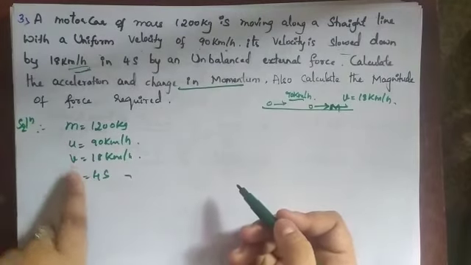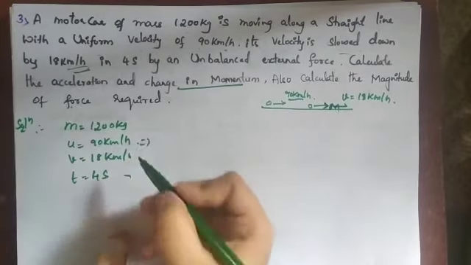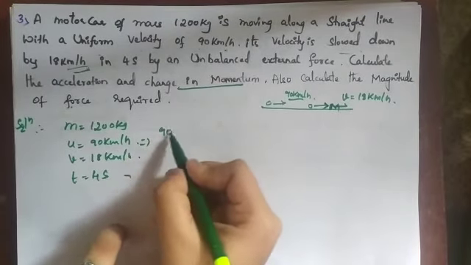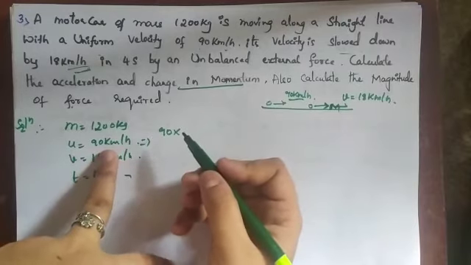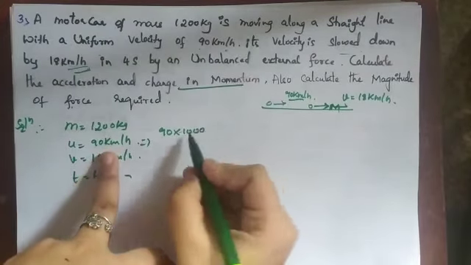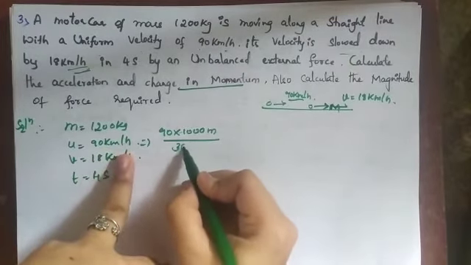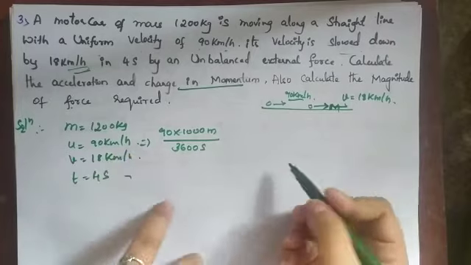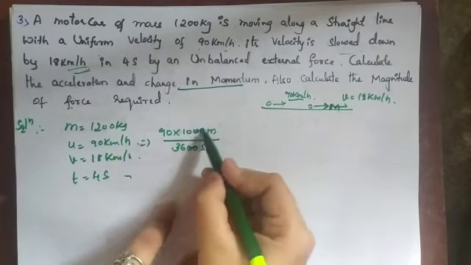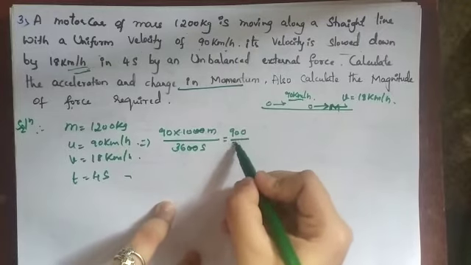Here velocities are given in kilometer per hour, so convert into meter per second. How are we converting? 90 into 1 kilometer means 1000 meter, divided by 1 hour means 3600 seconds. You know this. So two zeros cancel: 90 into 10, 900 divided by 36.